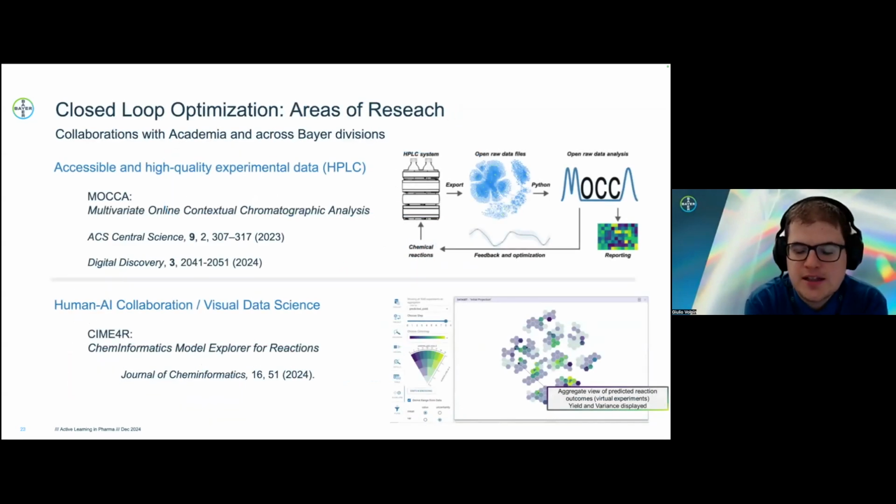And last slide on the academic collaborations that we are pursuing, one of them in the area of data analysis, because we know that noisy data is a challenge for optimization systems.